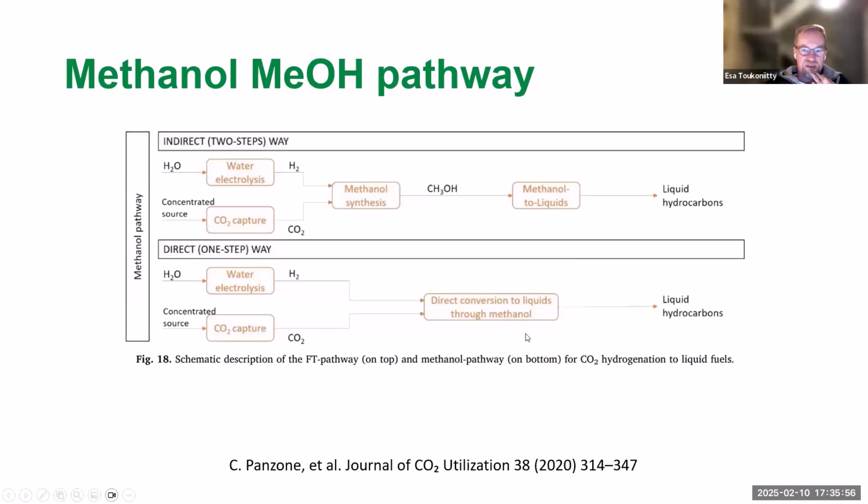So the difference is very similar to the FT, the Fischer-Tropsch route or pathway. In basically both schemes, there is the same electrolysis of water to make the hydrogen needed, and also some kind of CO2 capture to concentrate or get the carbon source for the synthesis.